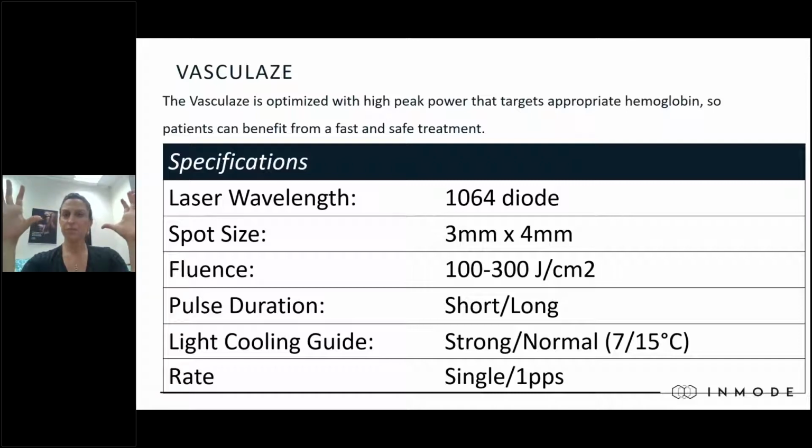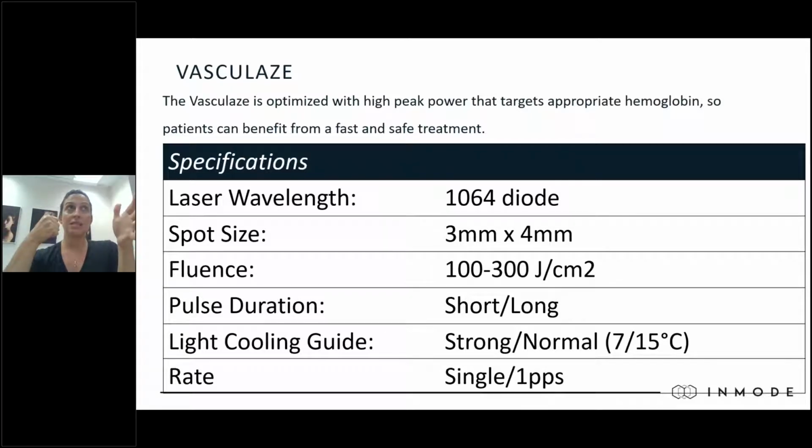If my fist is the fluence, let's say the maximum fluence I can use, 300 joules per centimeter square, I want to deliver it at different pulse durations. A short pulse duration means that I deliver that energy very, very fast, in a very short time. And you can actually hear the impact, you can hear the effect.